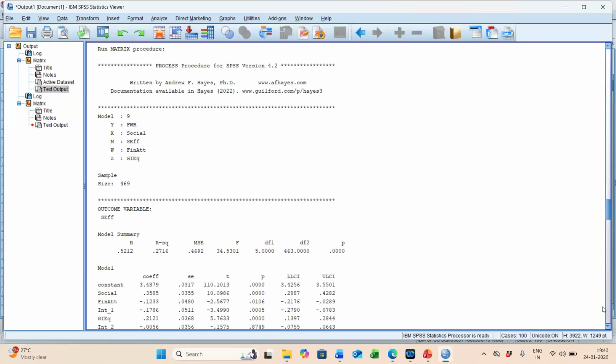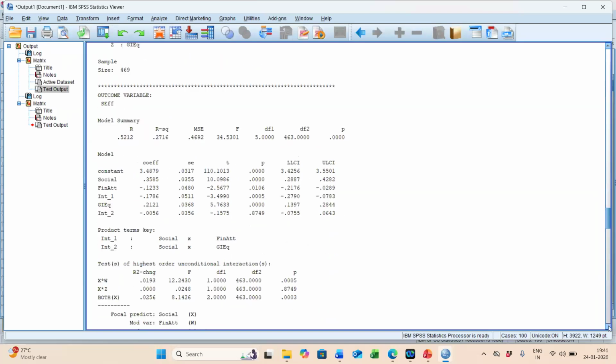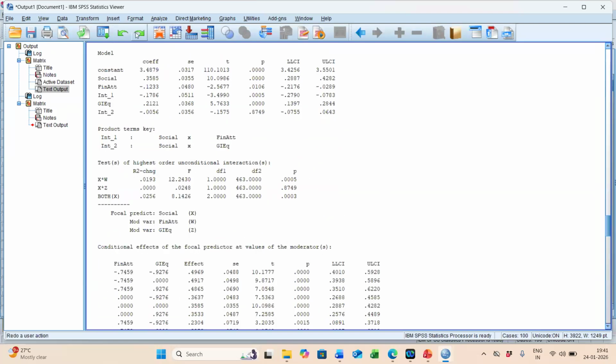Then gender equality. Gender equality is, the effect is positive and it is significant.